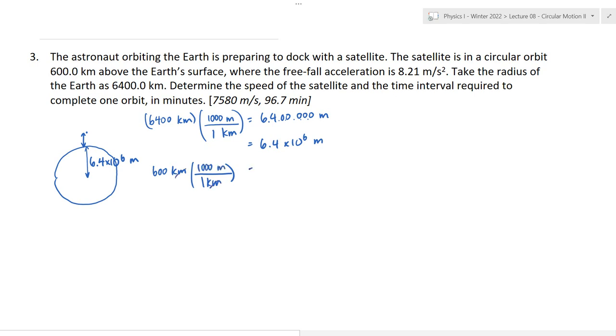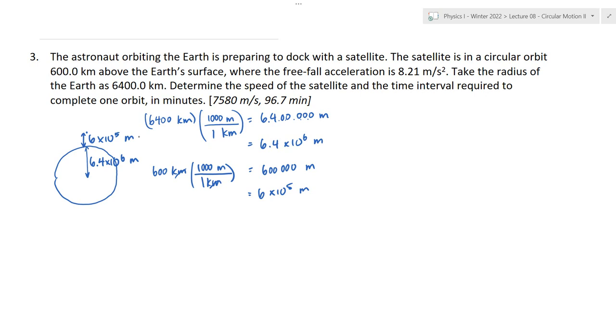Kilometers cancels out, and I'm left with 600,000 meters, which is 6 times 10 to the 5 meters. So that's what this is. Okay, so I have 6.4 million meters and 600,000 meters.